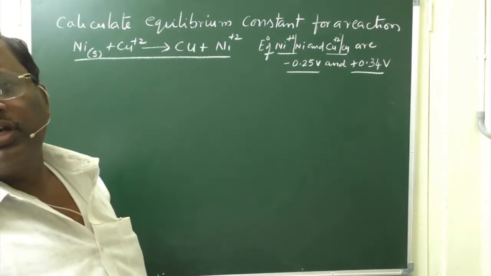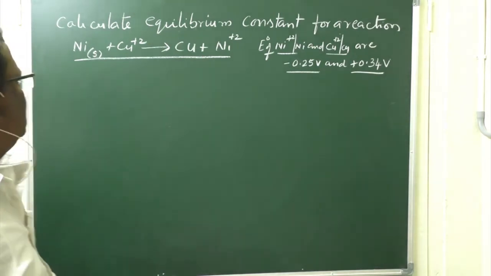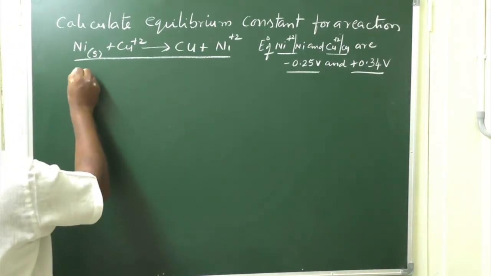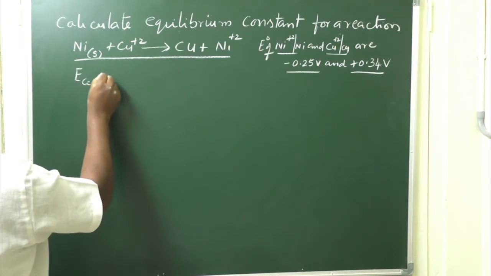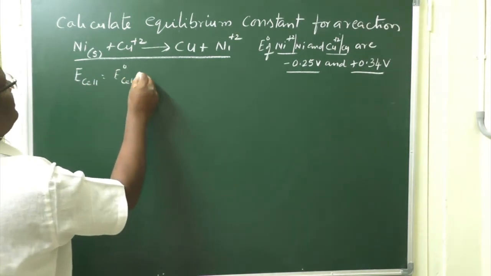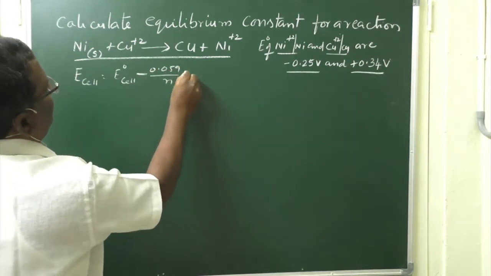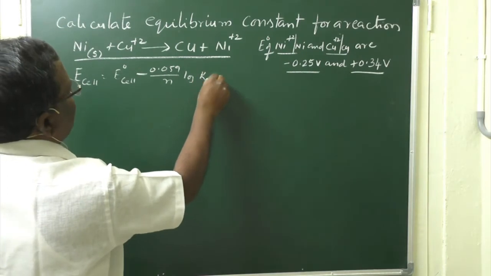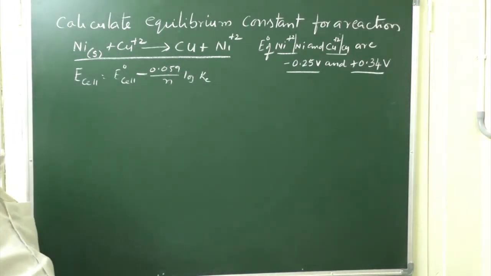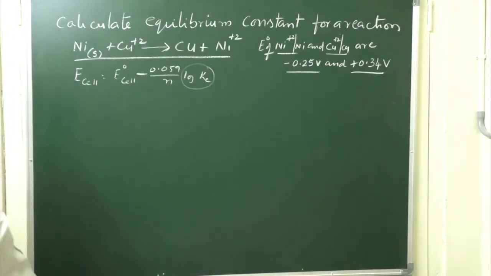In the Nernst equation itself we have the equilibrium constant, because according to the Nernst equation E cell is equal to E naught cell minus 0.059 by n log Kc. So now they are asking for the ratio of the concentrations of the two ions.